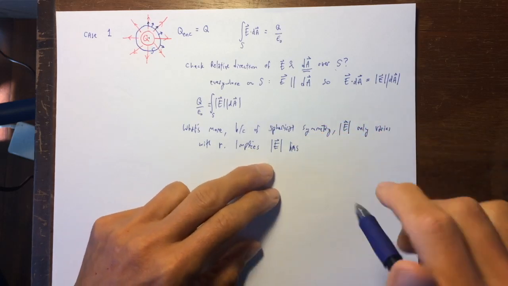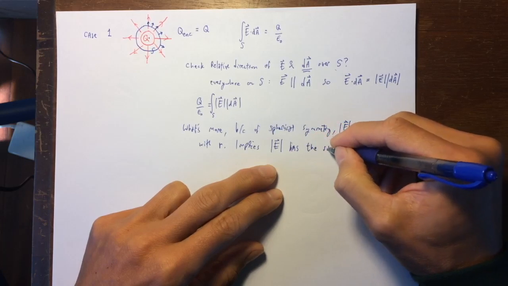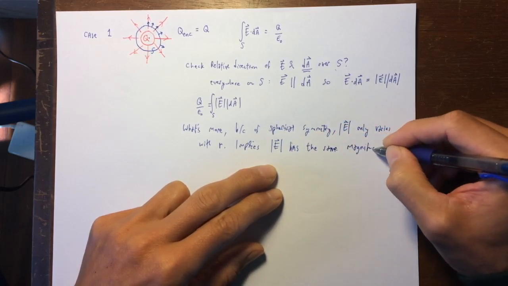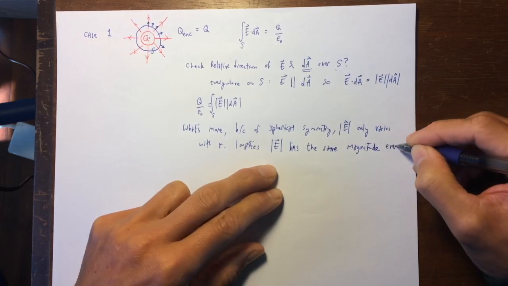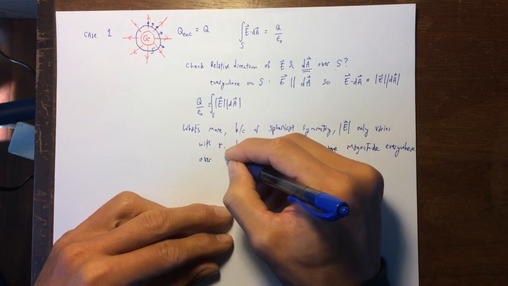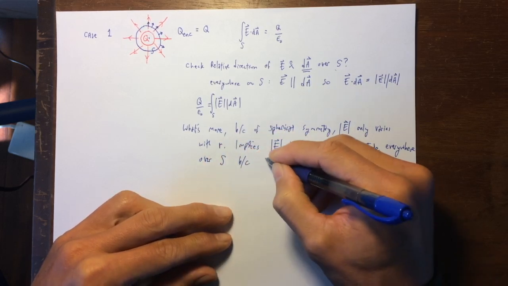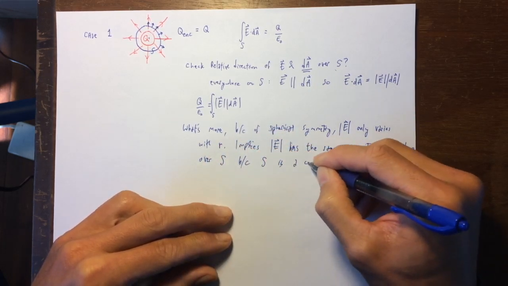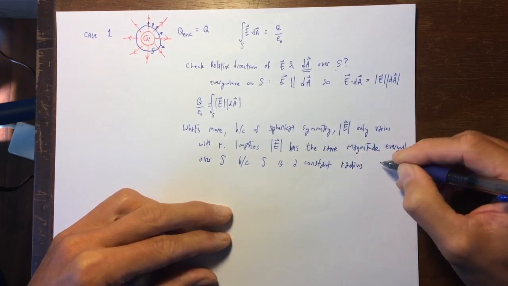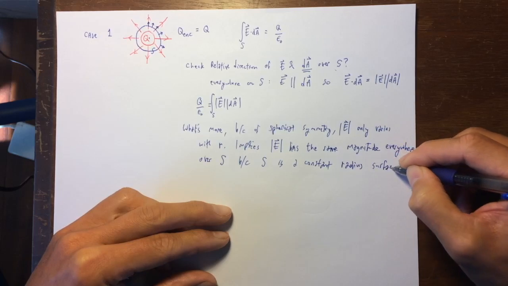It implies that E has the same magnitude everywhere over S, because S is a constant radius surface.